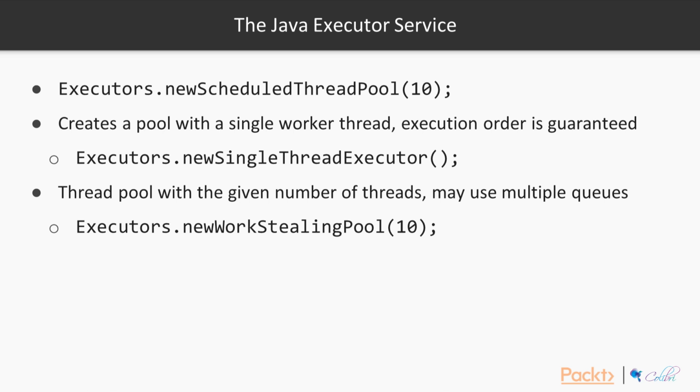The work stealing pool is a new concept introduced in Java 8, which allows threads to steal resources and use each other's time if one thread's work is completed. Each of these options comes with its own benefit. And if you'd like to learn more and make sure you're making the best decision in your application, please feel free to visit the official JDK documentation at docs.oracle.com.